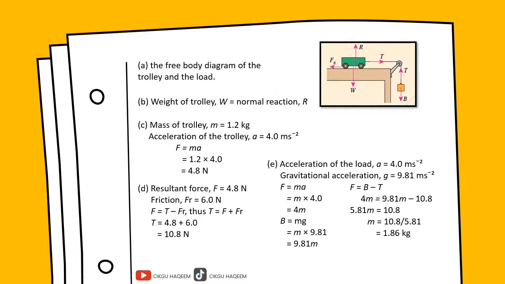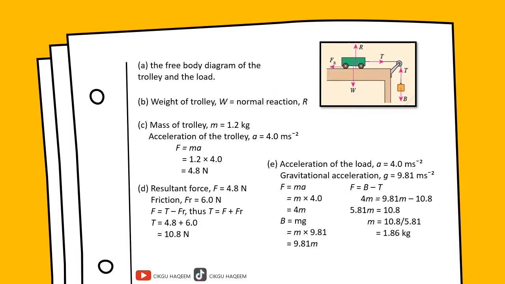Given that the resultant force is 4.8 Newton and the frictional force is 6.0 Newton, the resultant force is the sum of two forces, which is tension minus frictional force.